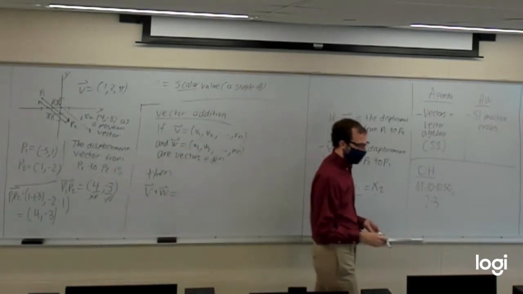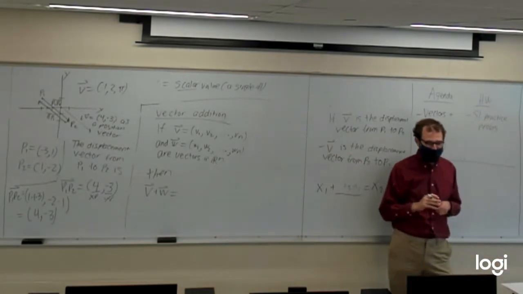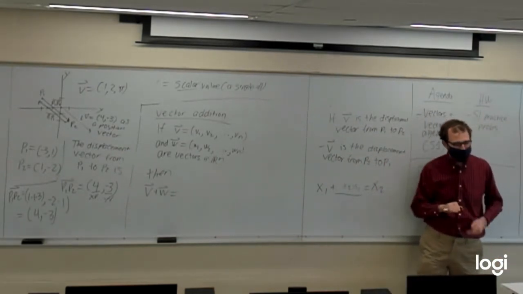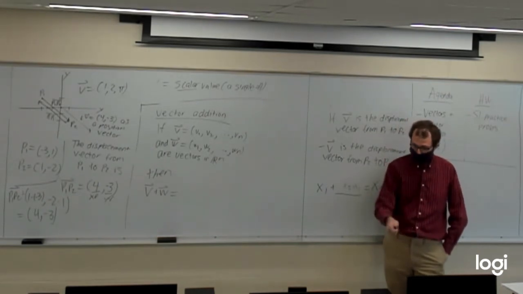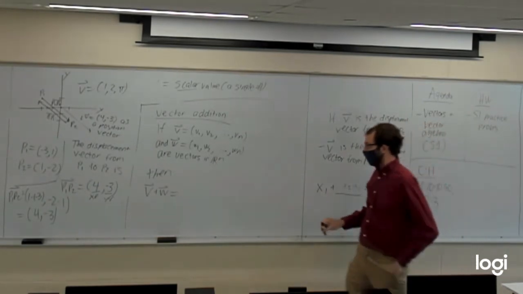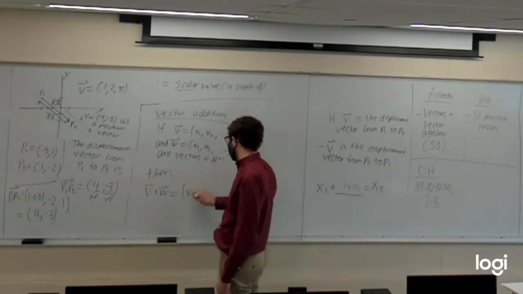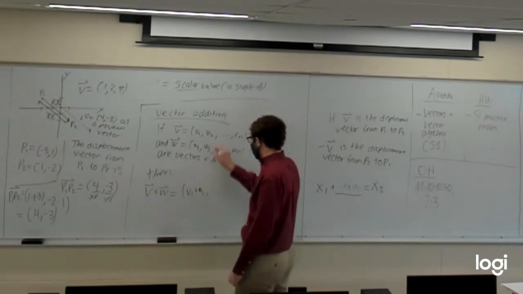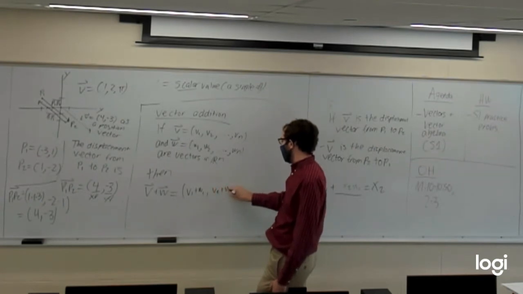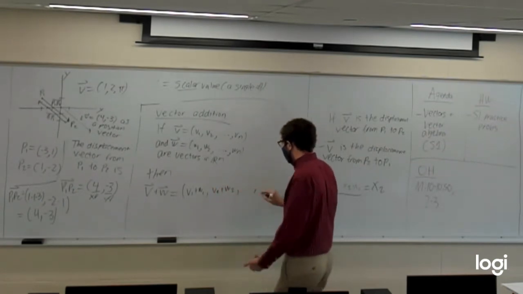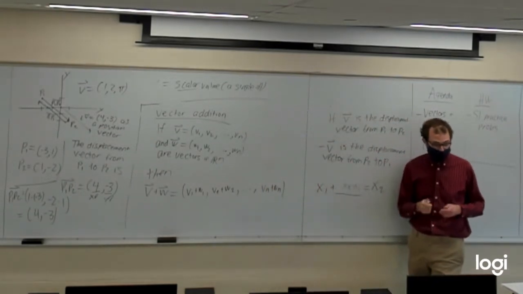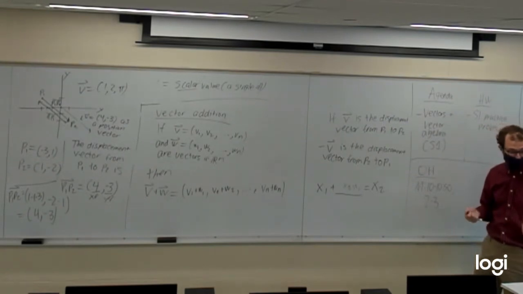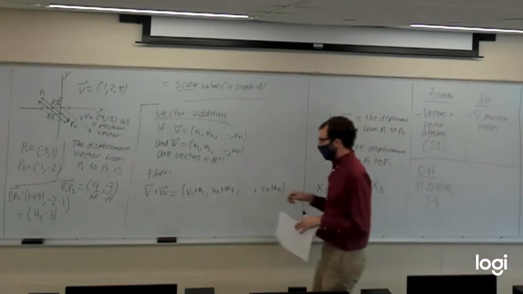What would your intuition tell you we could do in order to add these two vectors together? To add each dimension together. Yeah, we're just going to add the first components together, we'll get v1 plus w1. We'll add the second components, v2 plus w2. And we'll continue on into adding the last dimensions together. That gives us a way to add each individual coordinate of our vectors together, like so.